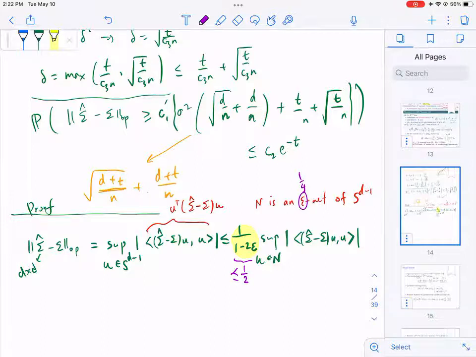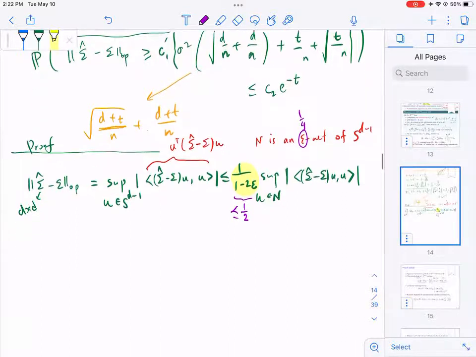And so up to a factor of 2, it's enough to control something like this. And we also know that the cardinality of N is less than or equal to 1 plus 2 over epsilon to the d, which is going to be bounded by 9 to the d, something like that. So it's exponential in d.